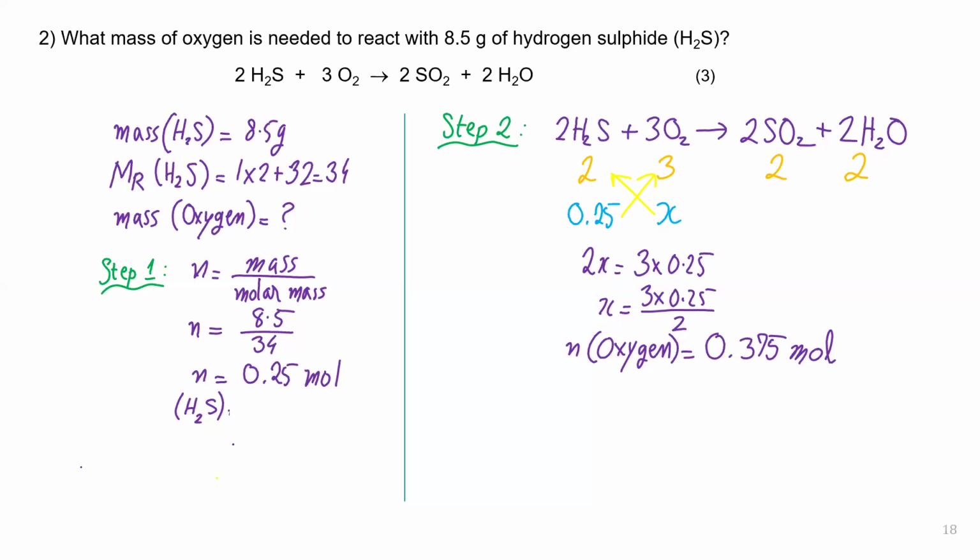To find MR, do I just do O2 or do I do from the equation 3O2? You have to do always from the equation. Okay, 3O2. So first you see how many moles of oxygen you are getting. I got 0.375, and then 16 to 32, 3, 2.